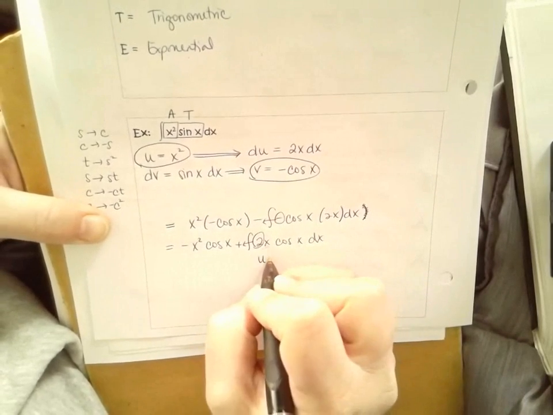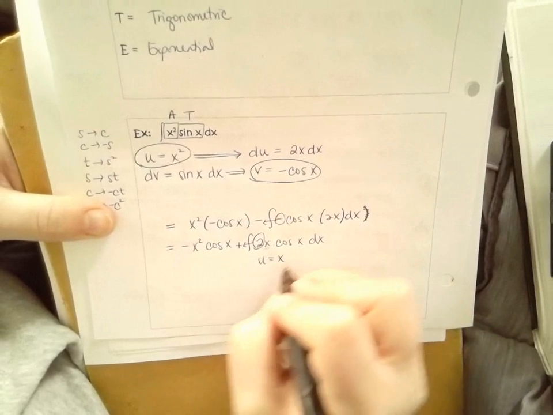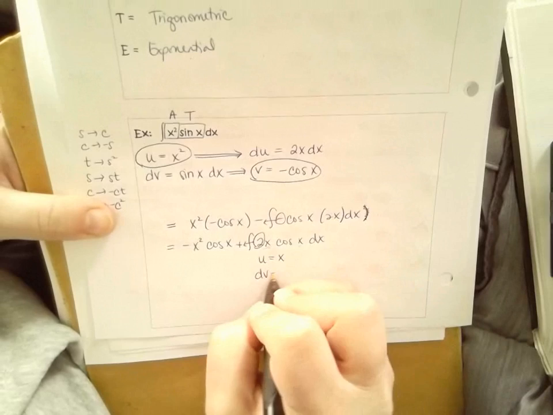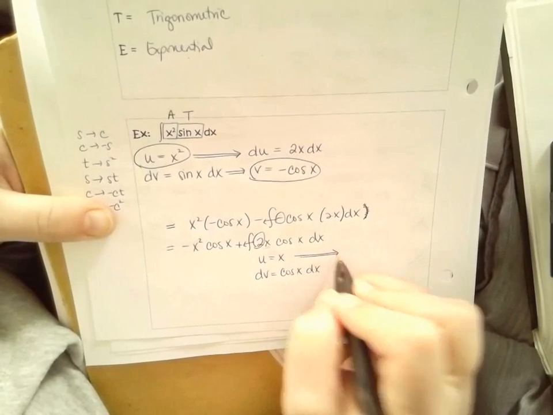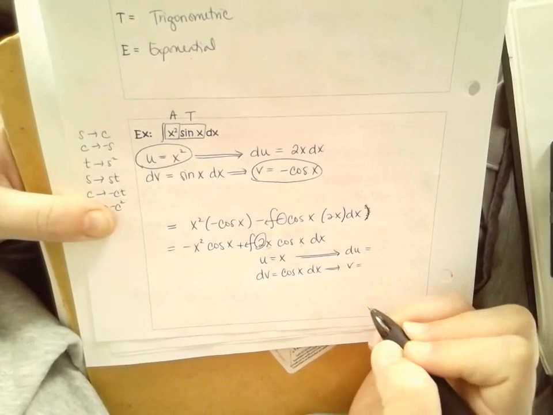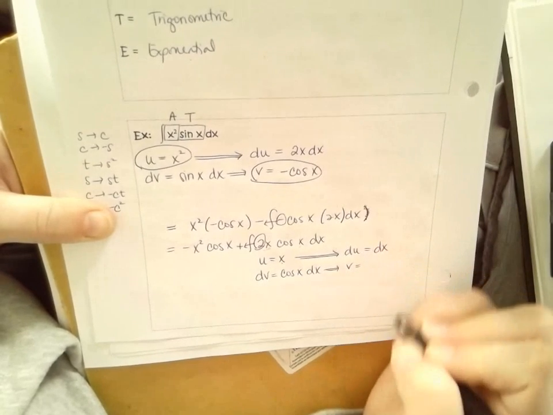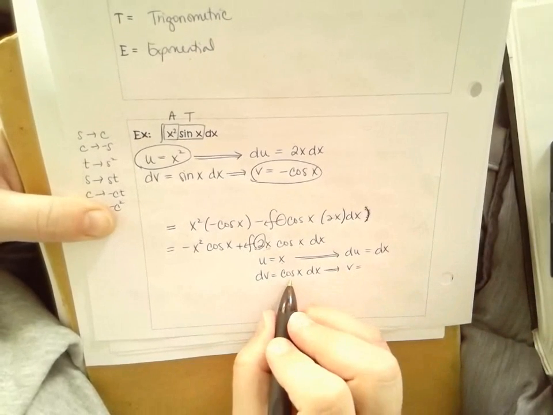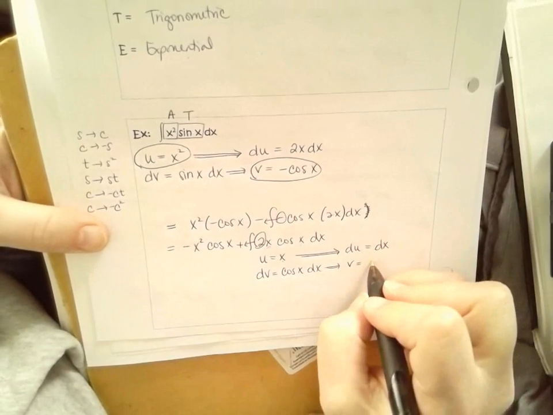All right, so reassign. u is going to be the algebraic piece. dv is going to be the rest. du is the derivative of x, which is dx, and v is the integral of cosine. Here's cosine, moving backwards would be sine.